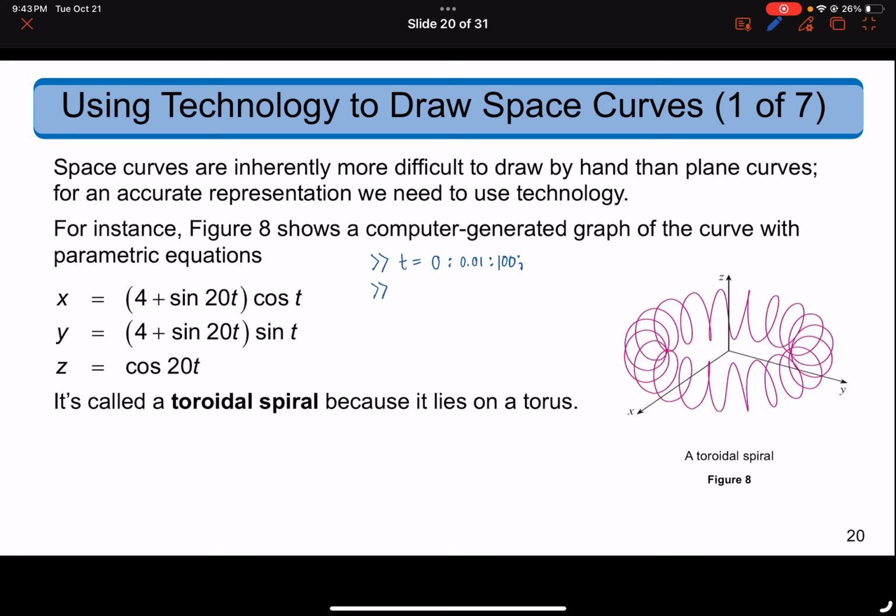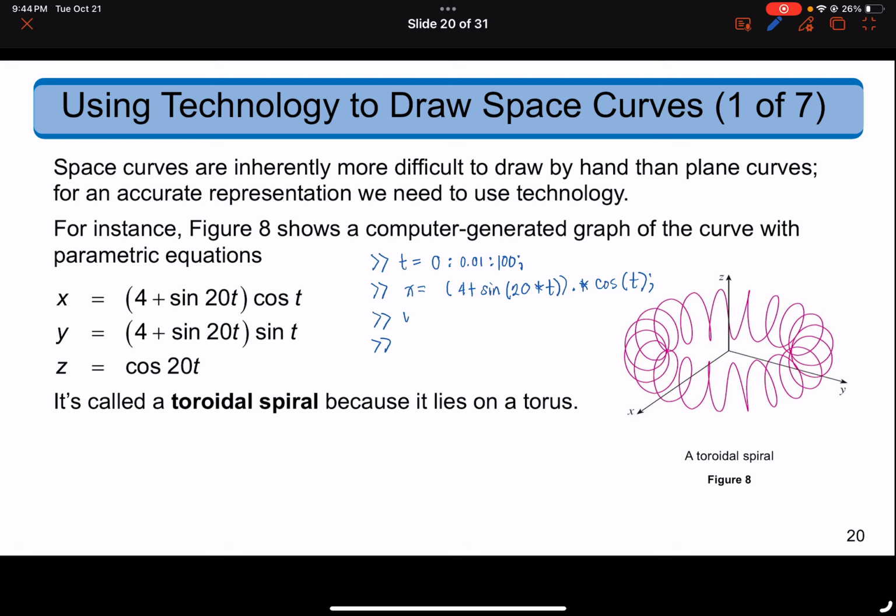And then we define x, y, and z. For x, it would be 4 plus sine of 20 times t, close, dot times cosine of t, and apply a semicolon. Take note that we apply dot asterisk, a dot product, so it would be a multiplication of corresponding points in the vector.